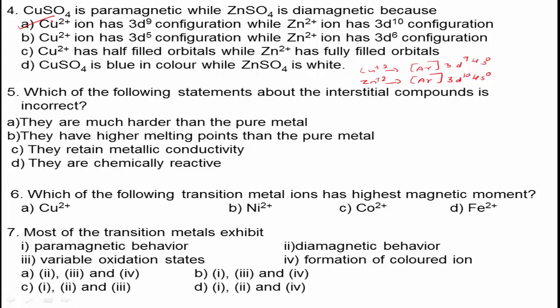Yes, when you observe all options, option D is the incorrect statement, because the interstitial compounds are chemically inert as the impurity ions are present in the interstitial site.